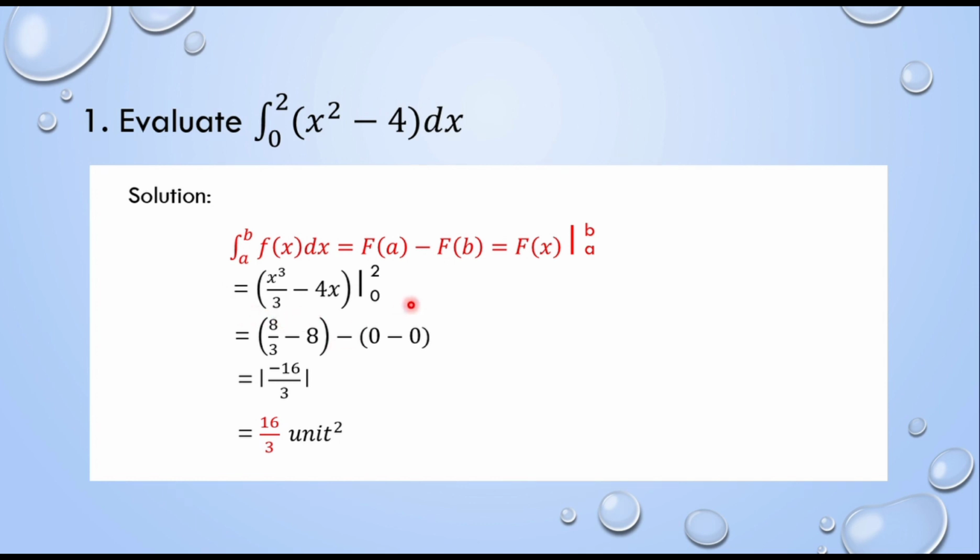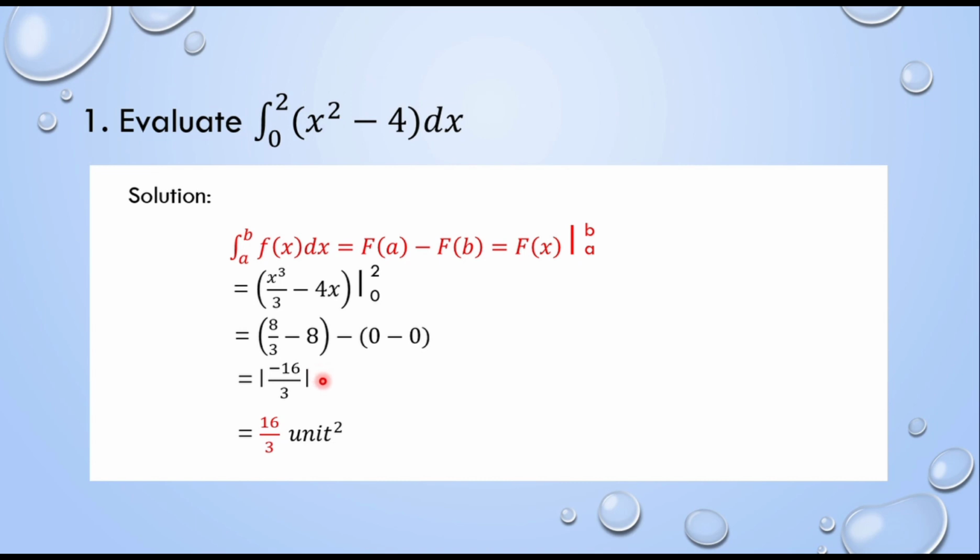Then substitute the interval following the formula. So we have the quantity 8 over 3 minus 8, minus the quantity 0 minus 0. So the result is negative 16 over 3.